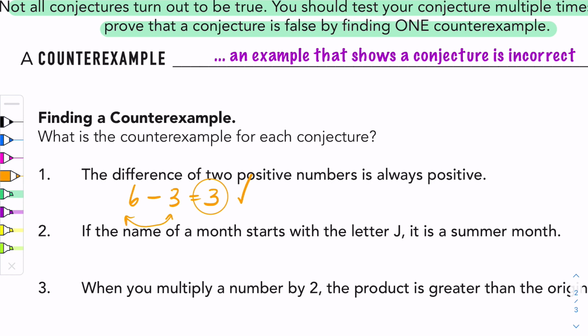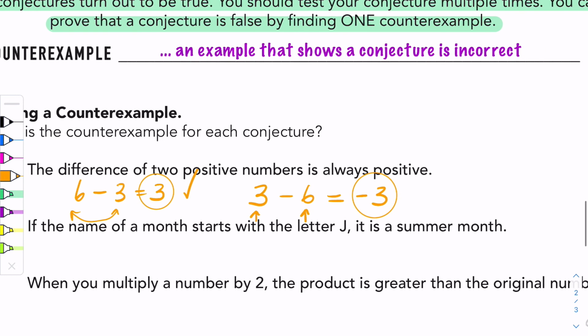If we do 3 minus 6, 3 being a positive number, 6 being a positive number, and we find the difference between them, the difference is going to be negative 3. So this right here makes for a counterexample, which makes this false. So here's your counterexample for the first one.